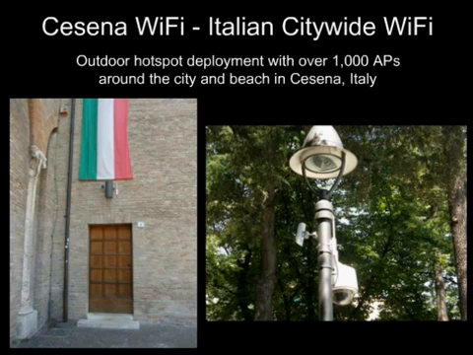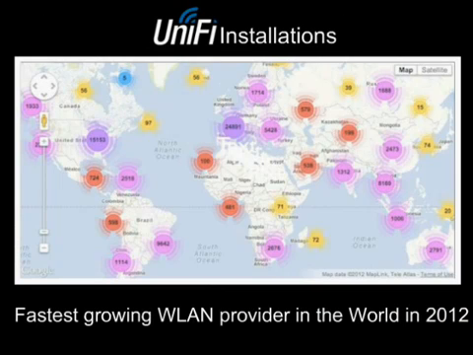The UniFi product has done incredibly well. Obviously, these customer examples are just a few of the many, many deployments. And in fact, UniFi was ranked by Gartner Research as the fastest growing wireless LAN provider in the world in 2012.